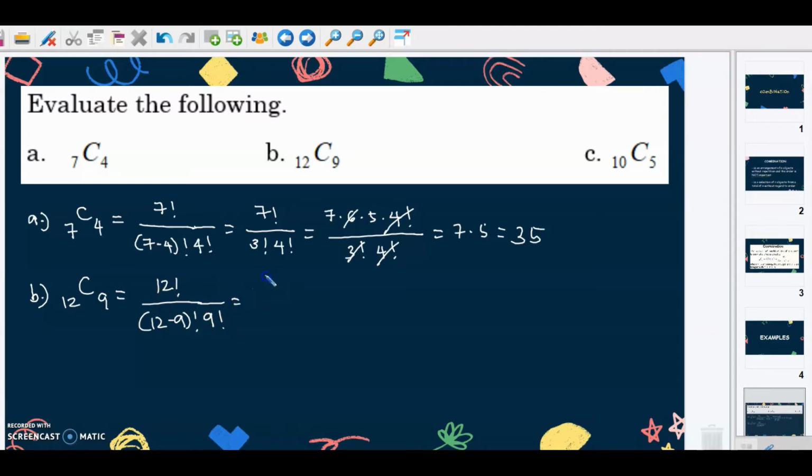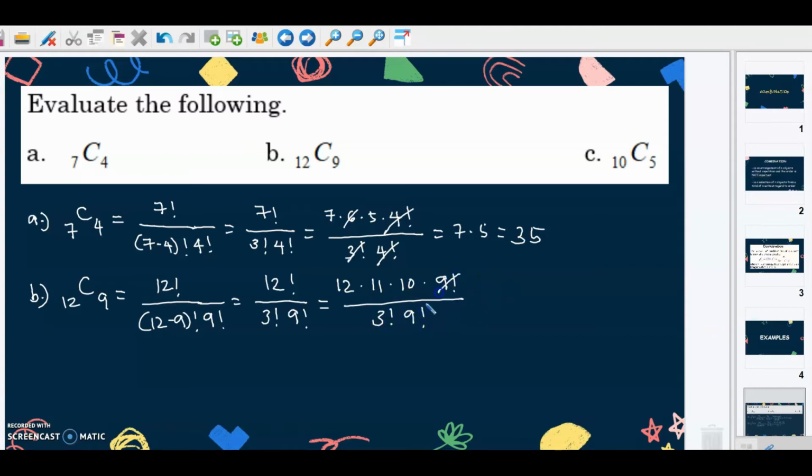Then we will have 12 factorial all over 3 factorial, 9 factorial. We simplify this further by expanding 12 factorial on the numerator as 12 times 11 times 10 times 9 factorial all over 3 factorial times 9 factorial.